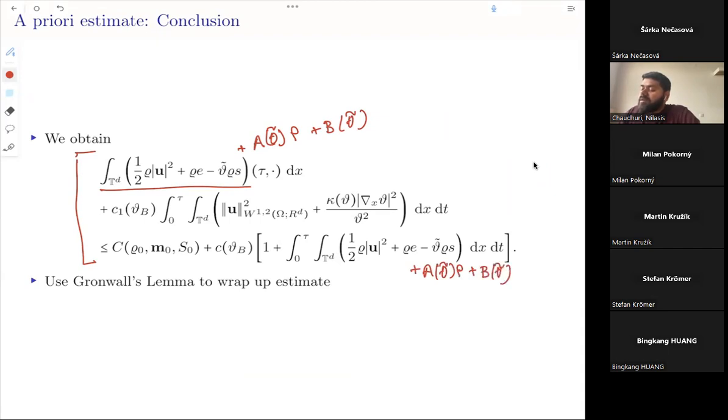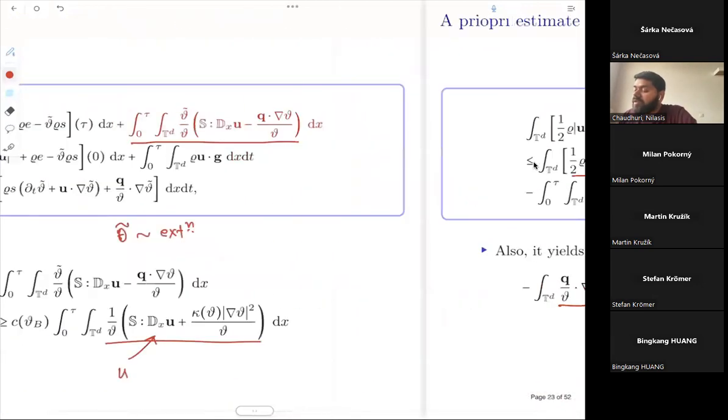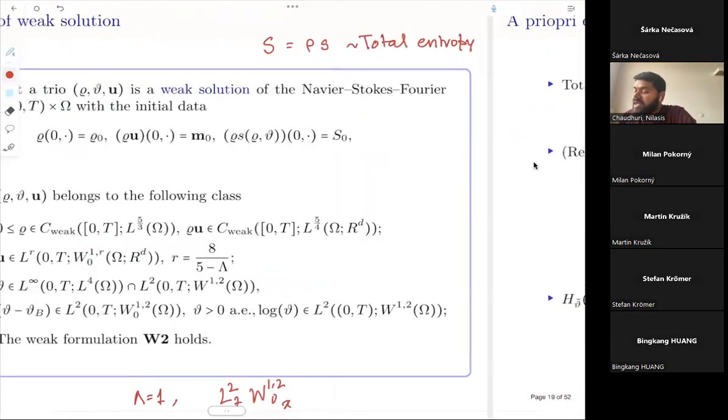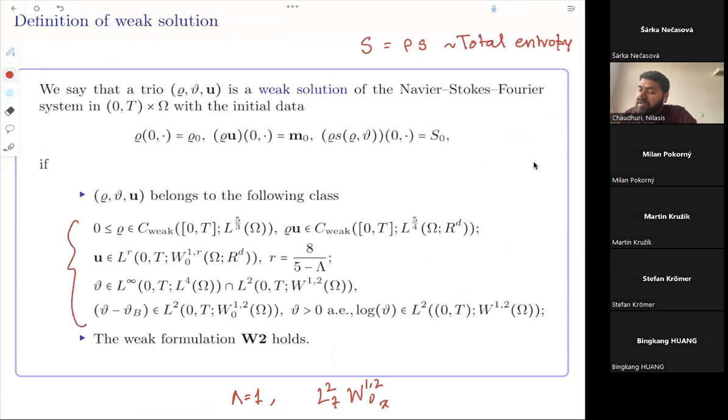And for this term, we now use Gronwall's inequality to wrap up all the estimates, and we see that in our weak formulation we prescribe that the quantities will belong to a certain regularity class, and we will achieve this regularity class from this a priori estimate that we have done.